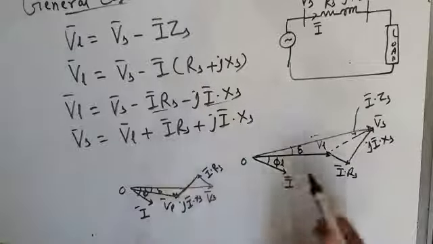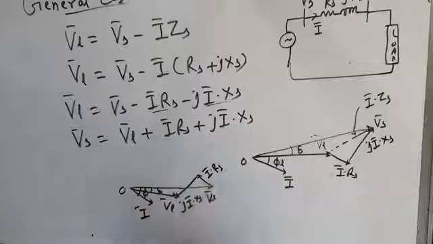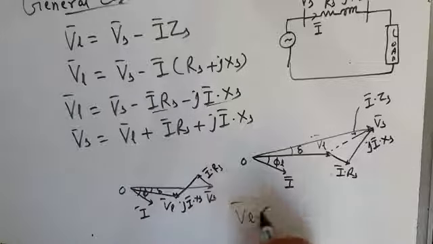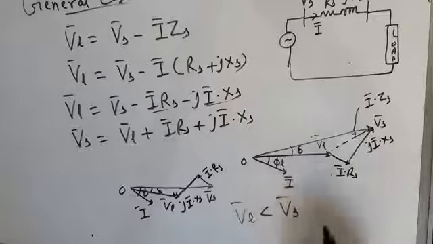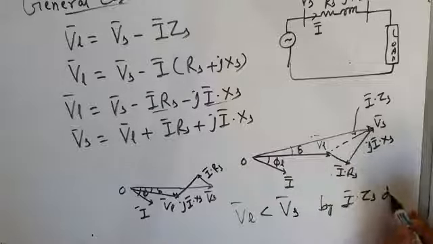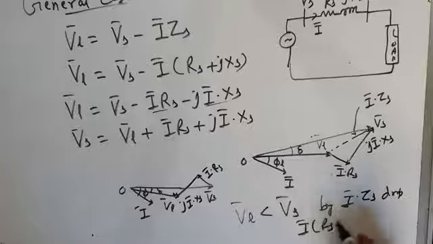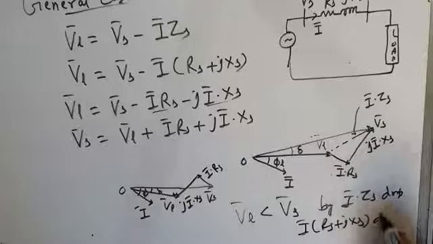And in both the cases, whether you take load voltage phasor as a reference or source voltage phasor as a reference, you get the same results. You find that load voltage is less than source voltage by I into Zs voltage drop, that is I into Rs plus jXs voltage drop.